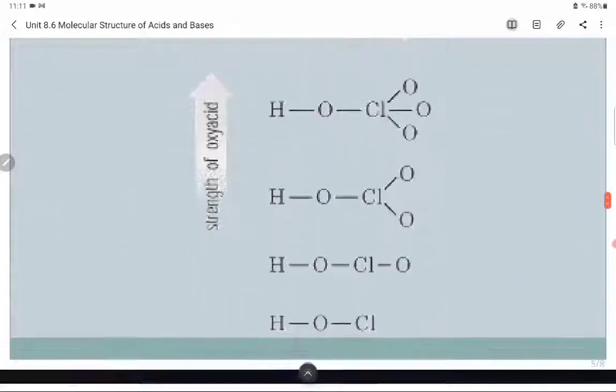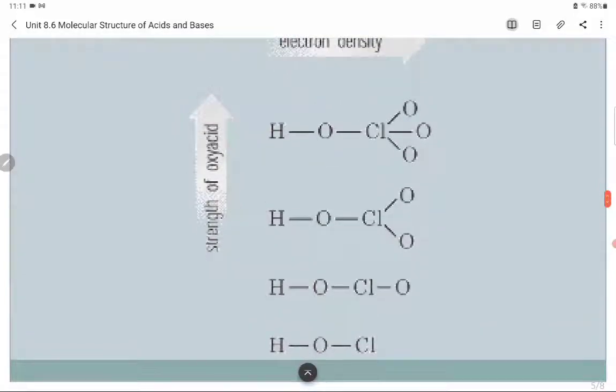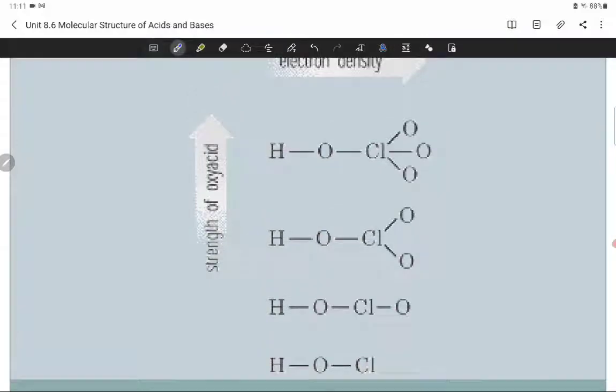Okay, so this just shows you what I had already mentioned. The more oxygens you have, the stronger the acid is, because this is going to be very, very, very polarizable compared to down here.